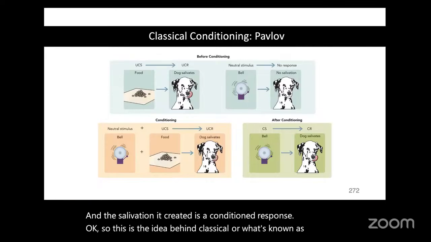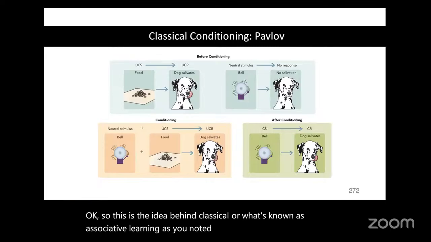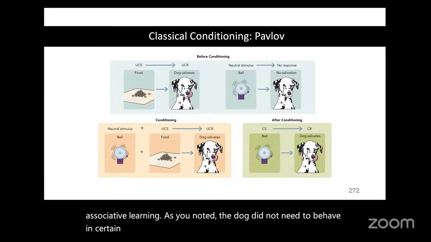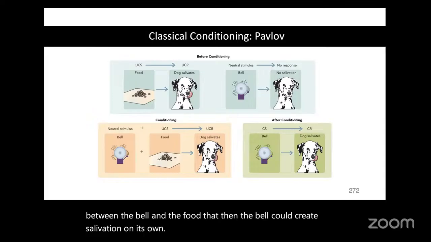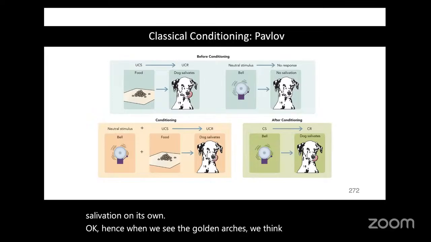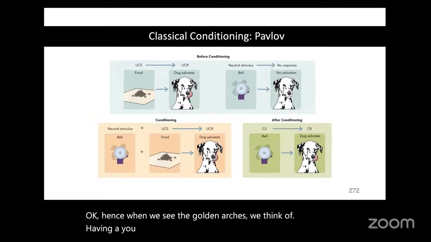As you noted, the dog did not need to behave in a certain way in order to salivate or not. It was just the association between the bell and the food that then the bell could create salivation on its own. Okay. Hence, when we see the golden arches, we think of having a Big Mac or fries and those kinds of things.